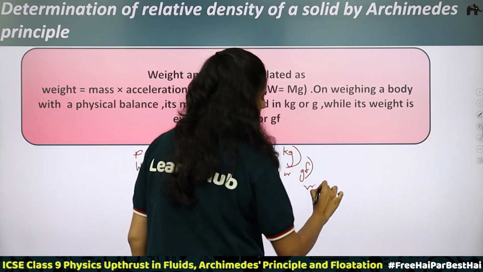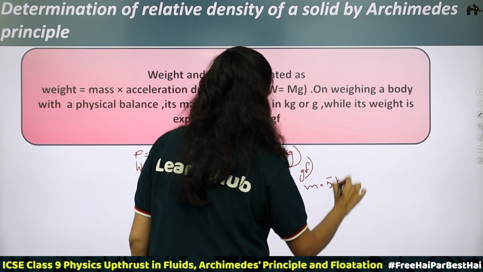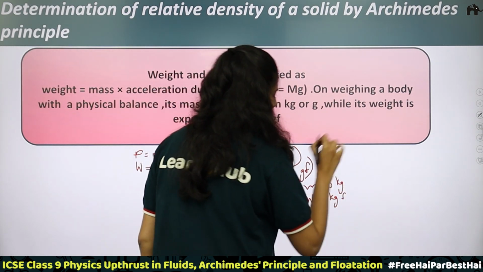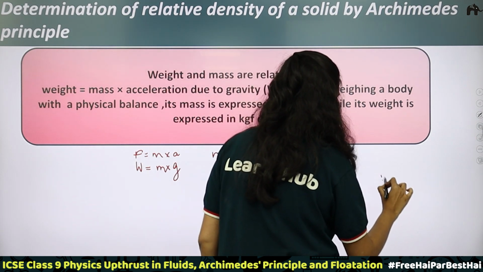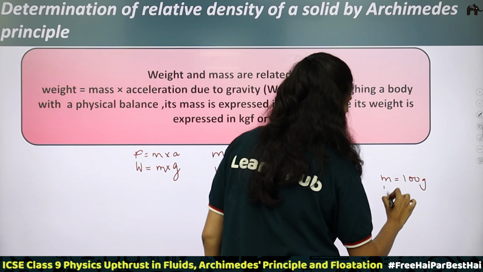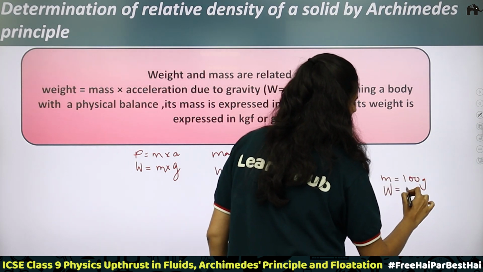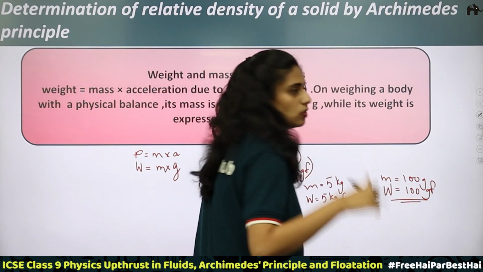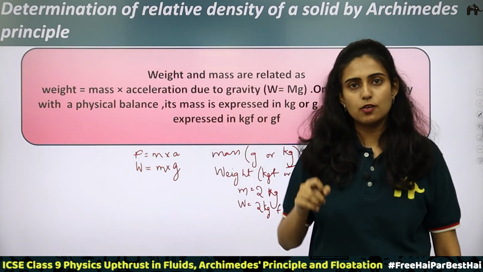If your mass is 5 kilogram, then the weight will be equal to 5 kilogram force. If your mass is 100 grams, then your weight will be equal to 100 gram force. So this is the relation between mass and weight.